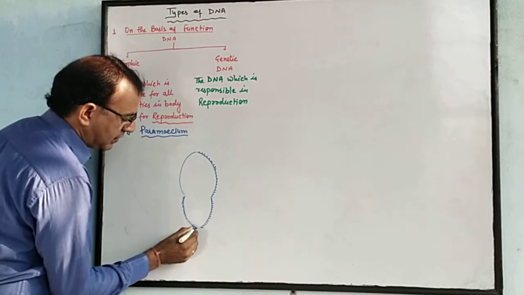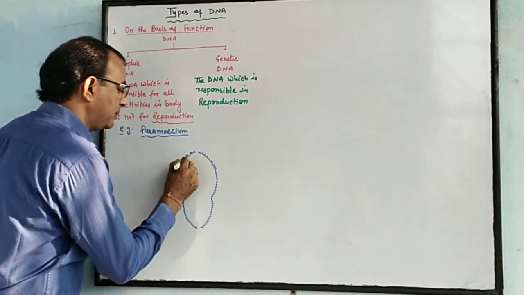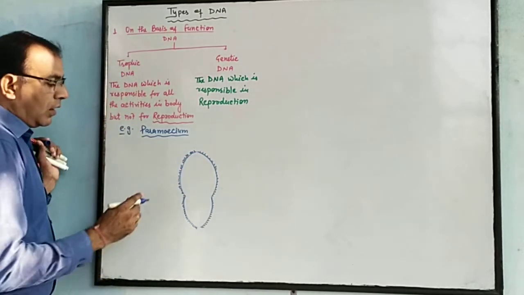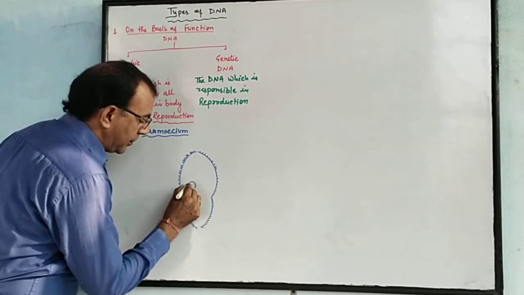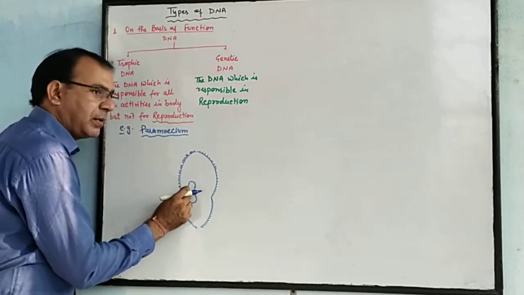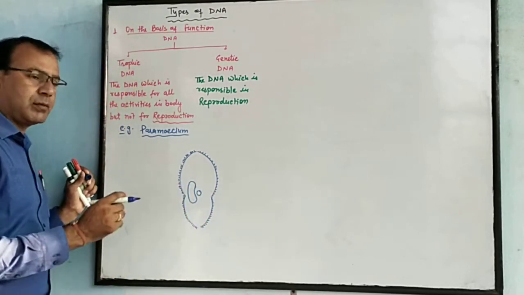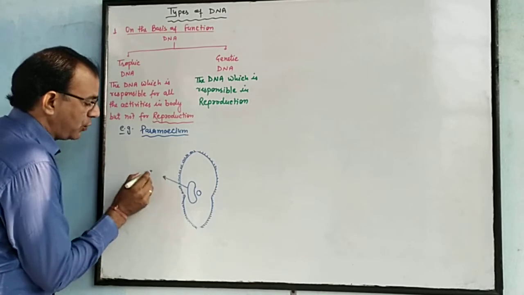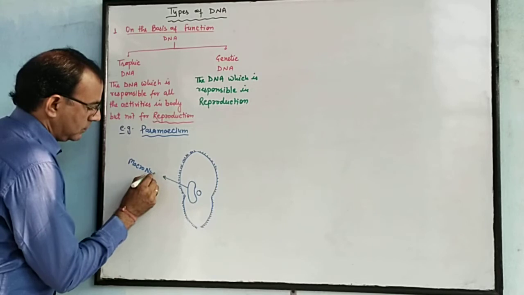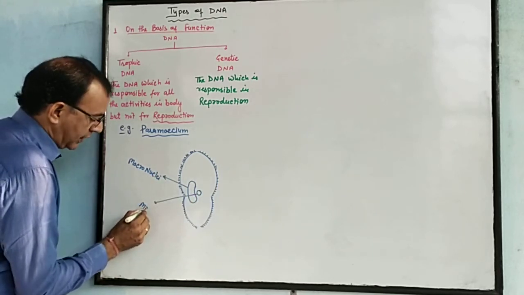One is large, bean shaped, called the macronucleus, and near it is another nucleus that is spherical and small in size, called the micronucleus.